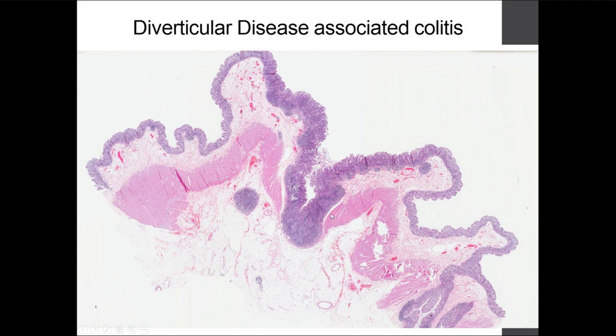Something else in the differential of chronic colitis that I mentioned is diverticular disease-associated colitis. These cases in a vacuum, if you don't have a clinical history, can actually mimic IBD very well. You can see how in a resection, you can appreciate the diverticulum going down beyond the muscle layer.